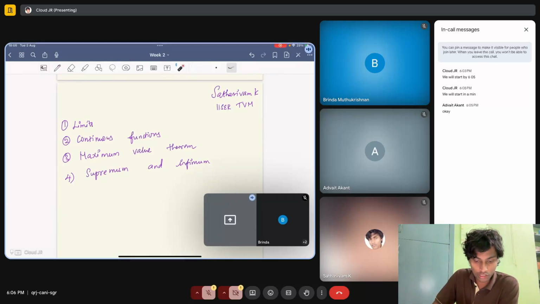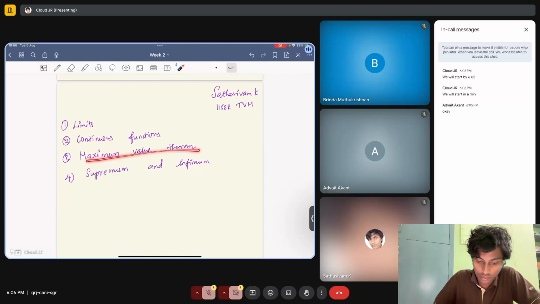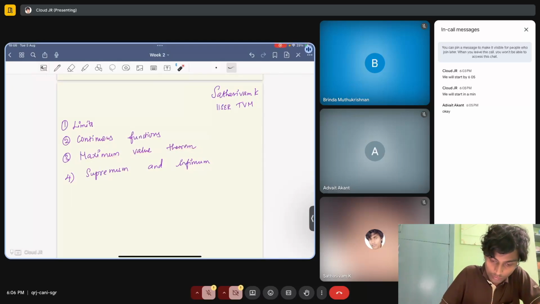So what we are going to do this week is just browse through the limit once again, solve a few problems, and then we will move on to continuous functions, and then the maximum value theorem. I forgot to mention we will also do the intermediate value theorem.